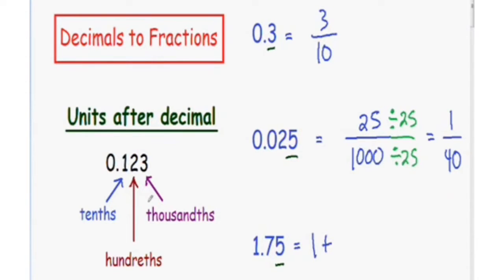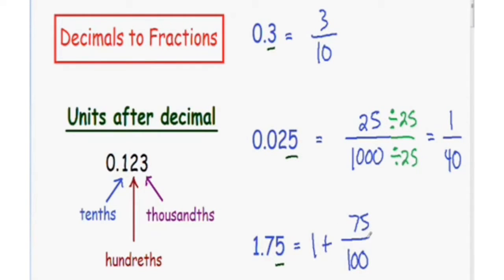Since it is in the hundredth position, our denominator is going to be 100. So we write 100 as our denominator and put our decimal fraction as numerator. When you check, it's 75. So we put 75 as our numerator.